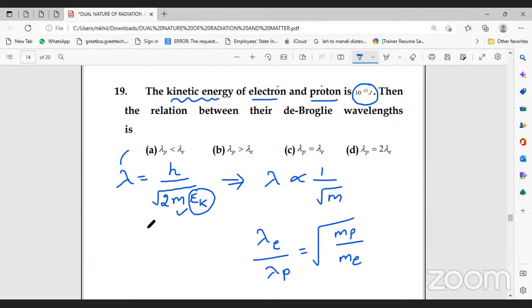This is the expression. But you know that mass of the proton is very much large compared to the mass of the electron. Mass of proton is more, mass of electron is less. How de Broglie wavelength and mass are related?